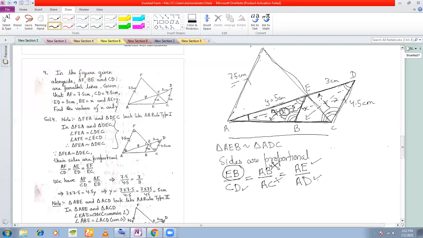Yes, AD is also given because it is 5 plus 3, 8 centimeter.